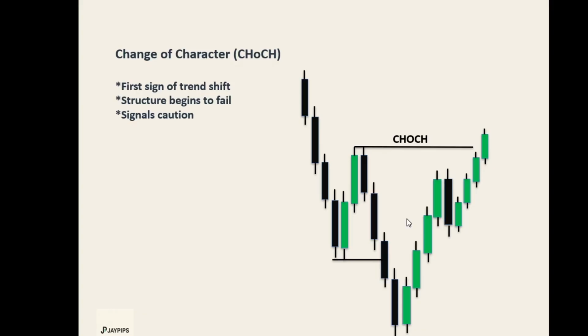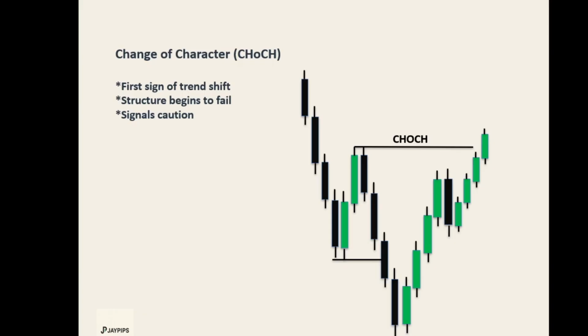But this is just a first signal of a trend shift. It's just trying to tell you that this structure might be more in favor of the buyers at this particular point in time. But for all of this, you have to get confirmations to know clearly that this trend is now in full control of the buyers.